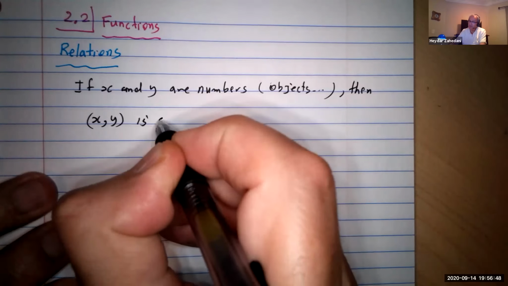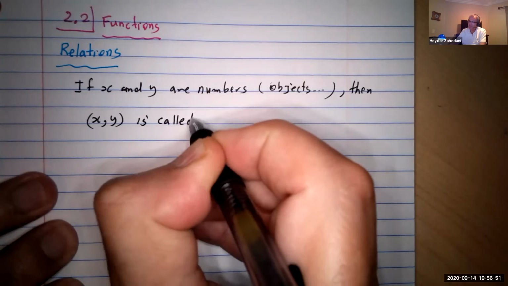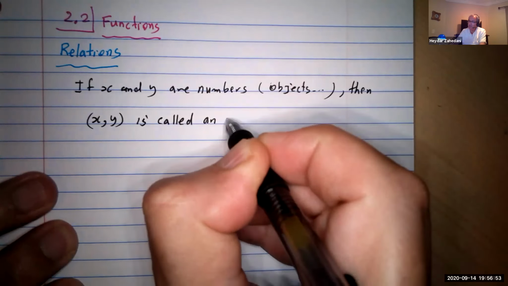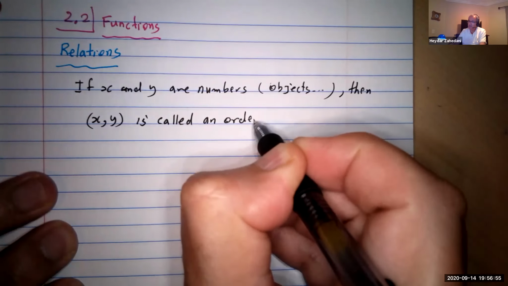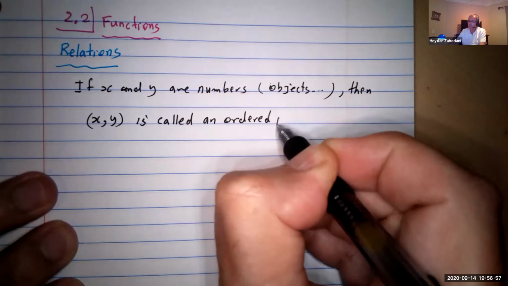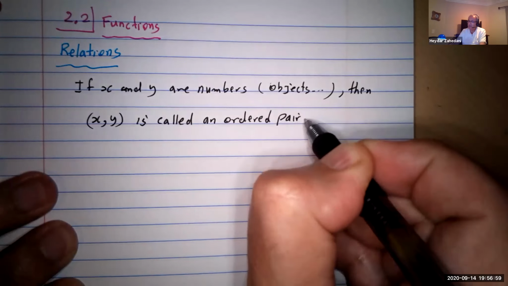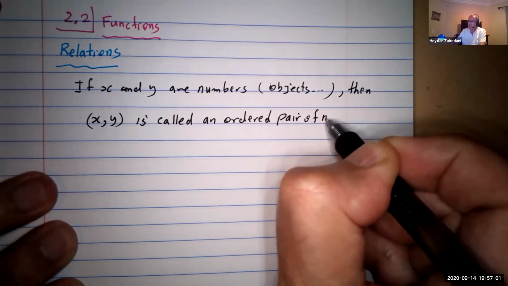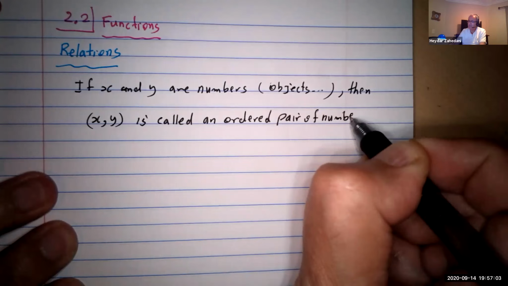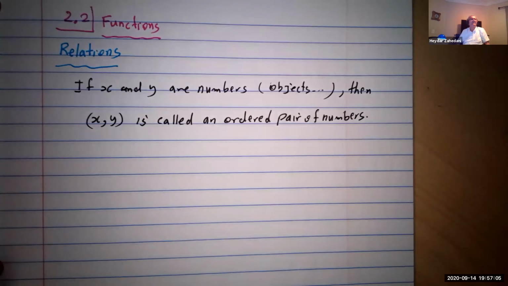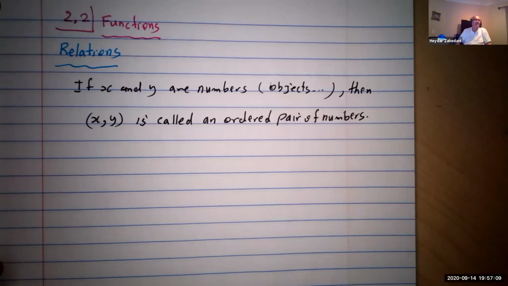It's called an ordered pair of numbers. There is a reason that you put these two together, and that reason is the order.